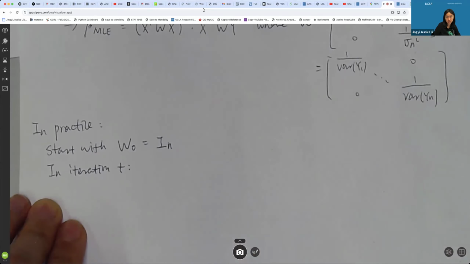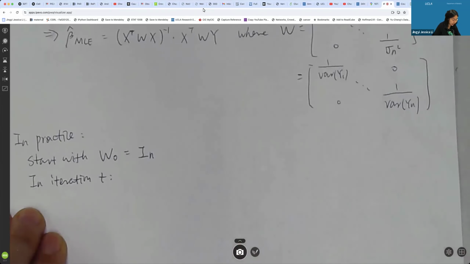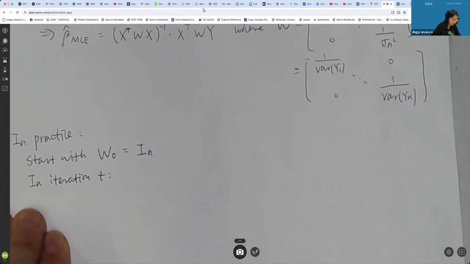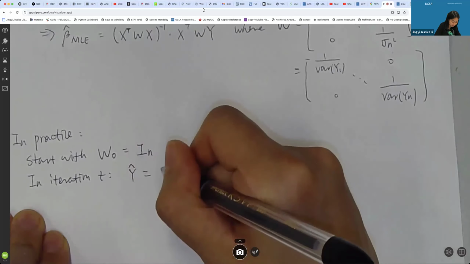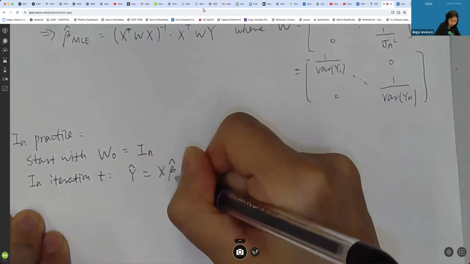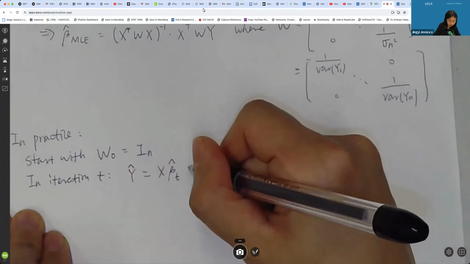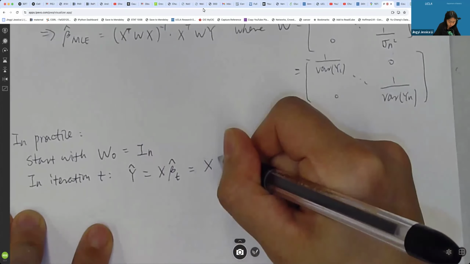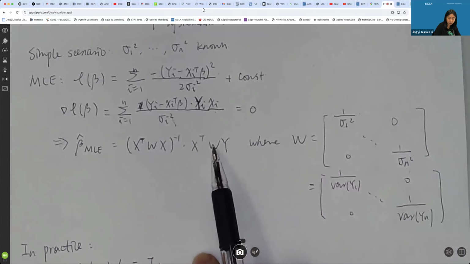We use the current beta hat from the previous iteration to do the prediction. So we will get y hat just as X beta hat t. Okay, and the beta hat t is from the previous weighted least squares or MLE formula.